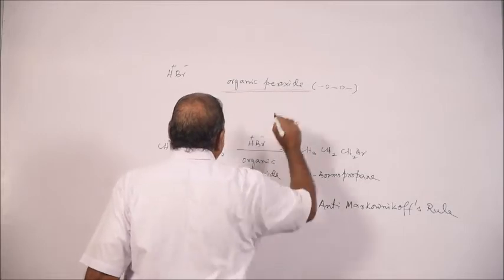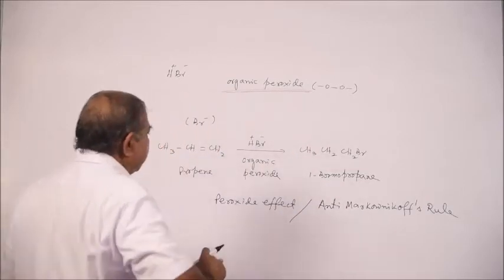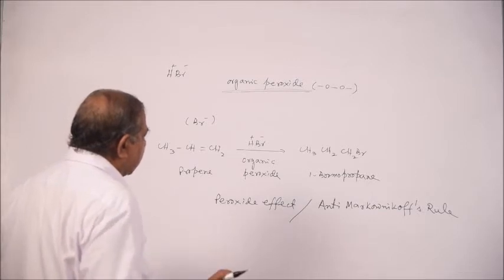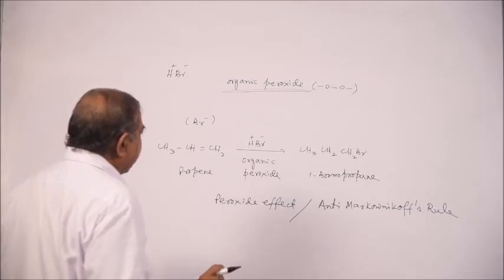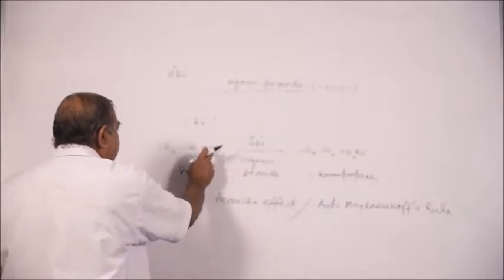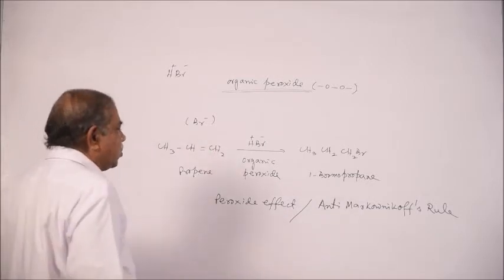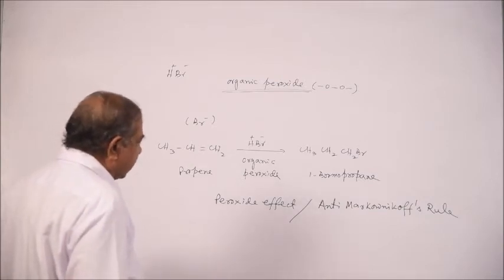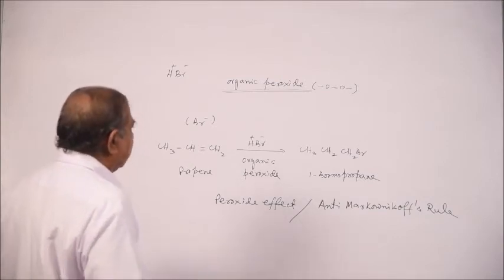If no organic peroxide is there, the reaction will be as per Markovnikov's rule, but in the presence of organic peroxide, the Br minus will attach to the carbon atom having more hydrogens, so that you will get 1-bromopropane. This is called the peroxide effect or anti-Markovnikov's rule.